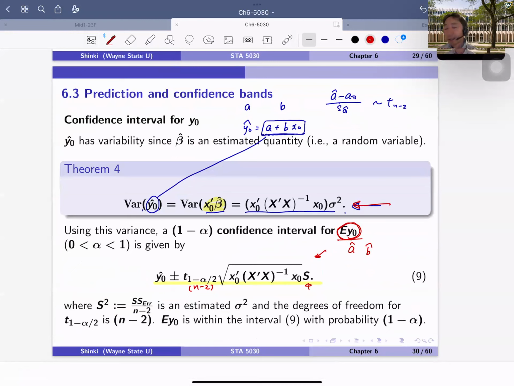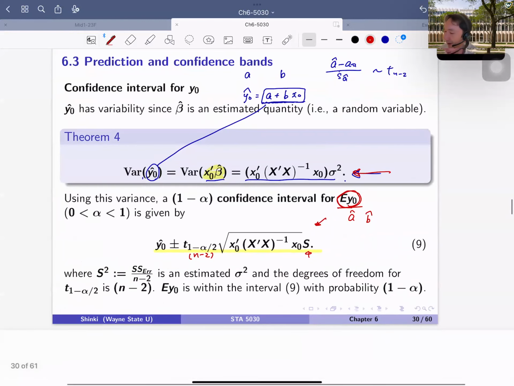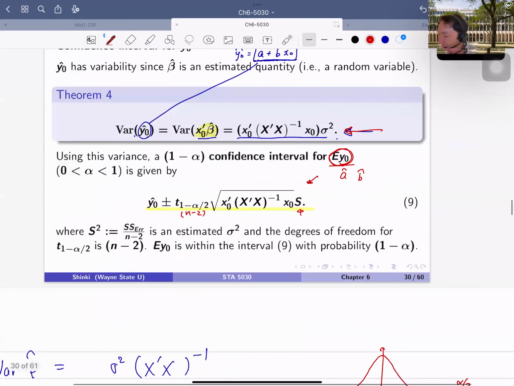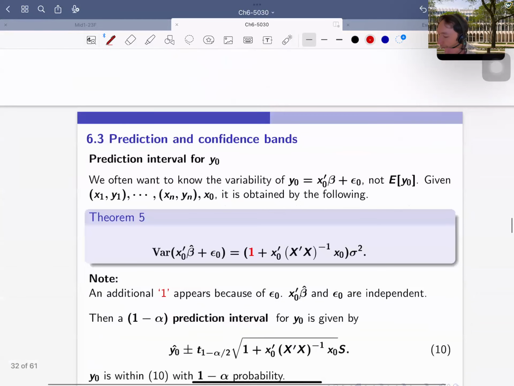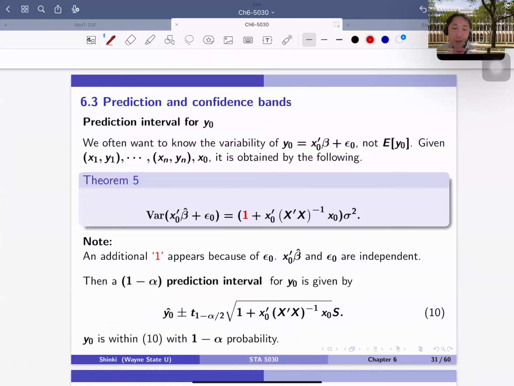This is a little complicated, but if you use R, you can turn this formula into code, and then you can calculate it. And that is the confidence interval: the expected value of y naught.